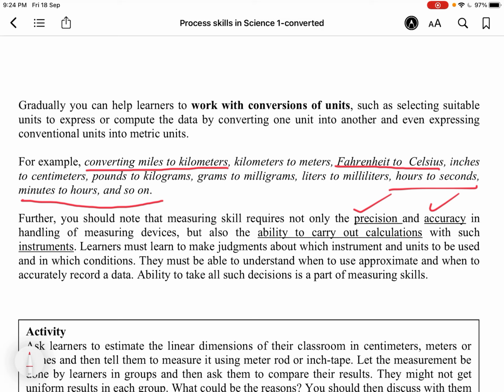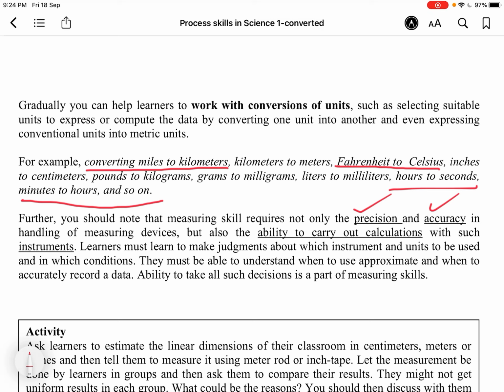And precision comes under the psychomotor domain as one of the objectives of teaching science, to develop psychomotor skill. First is imitation, then manipulation, and the third one is precision. Precision means to do any act precisely, accurately, without the help of a teacher or an expert.